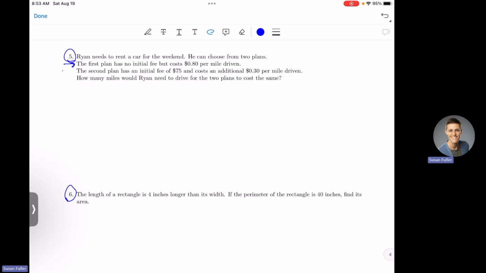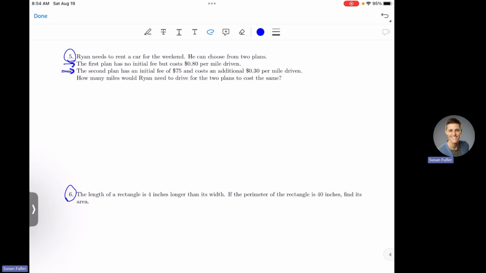Or he can take the second plan, which means he's going to have to pay $75 up front just to take the car off the lot, and then he's going to have to pay an additional 30 cents for every mile that he drives. And he wants to know which one to pick. Part of that depends on how many miles he's driving, right? How far he's driving is going to depend on how much he pays for each of these. So we want to know how many miles he would have to drive for the 2 plans to cost the same.